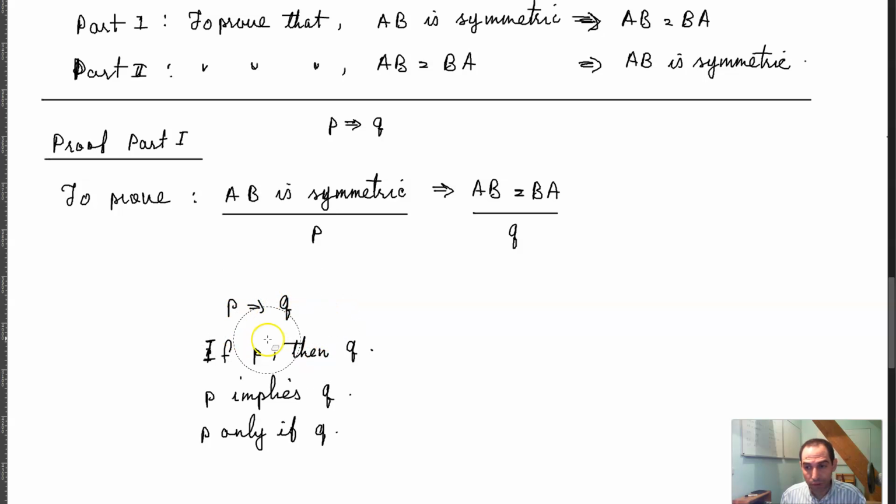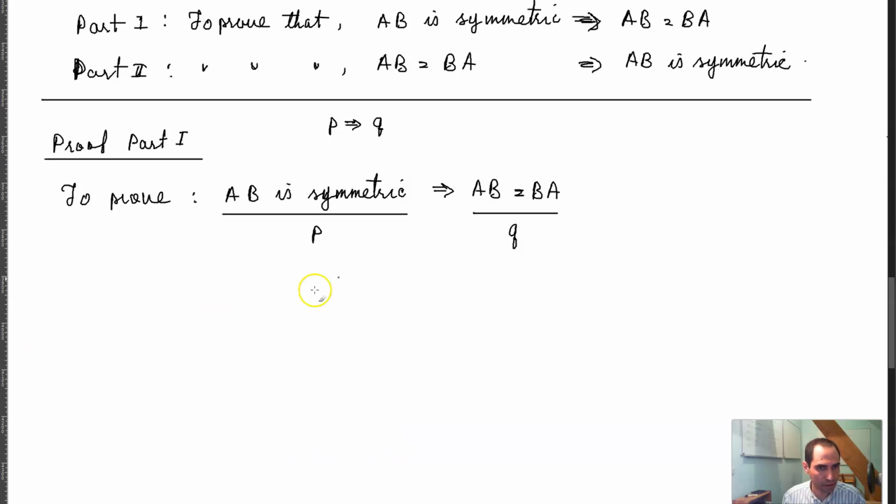First of all, you need to understand what that means so that you know how to prove it. Usually people don't have a good understanding of this sort of statement.